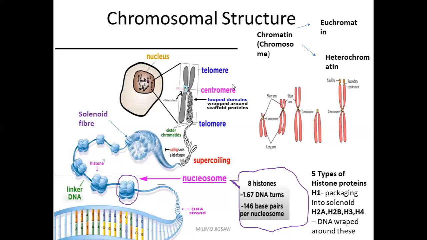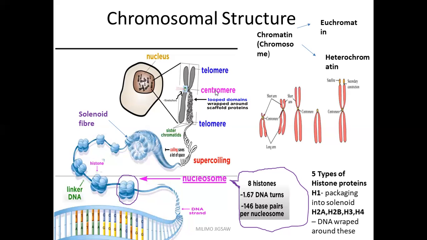The centromere is a locus, and it mediates the equal distribution of the duplicated genome between these daughter cells. So this is a centromere.